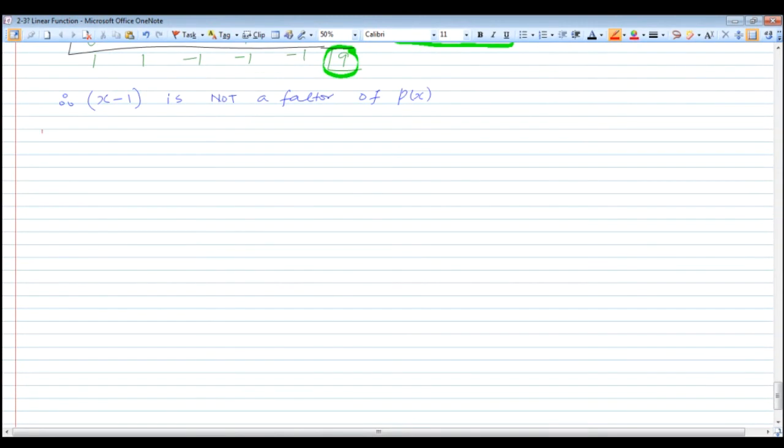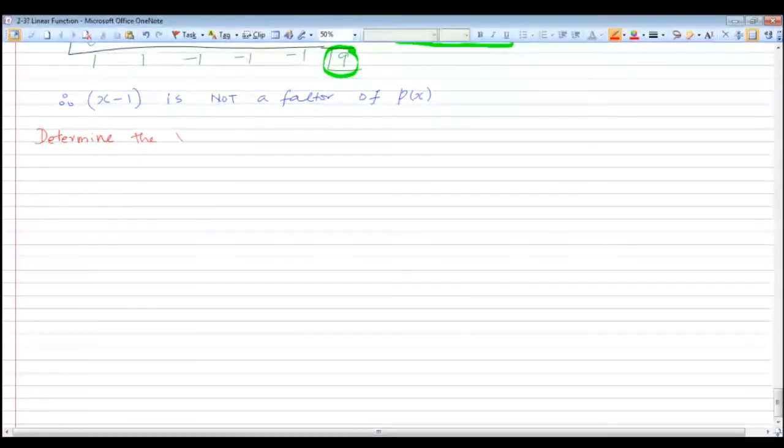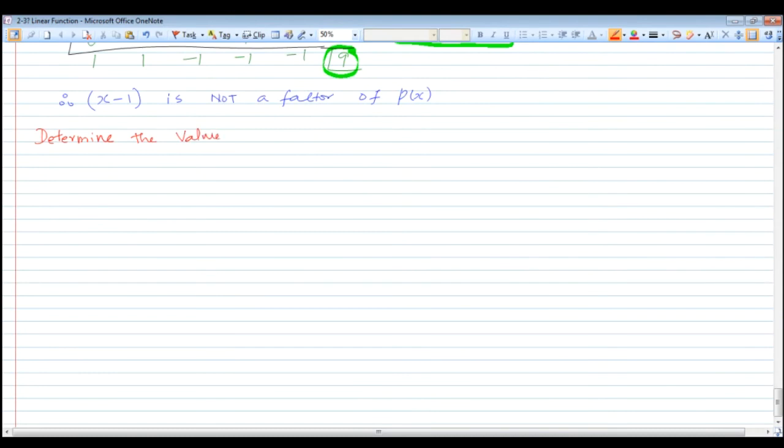Determine the value of k so that x minus 2 is a factor of x cube minus x square minus 14x plus k.